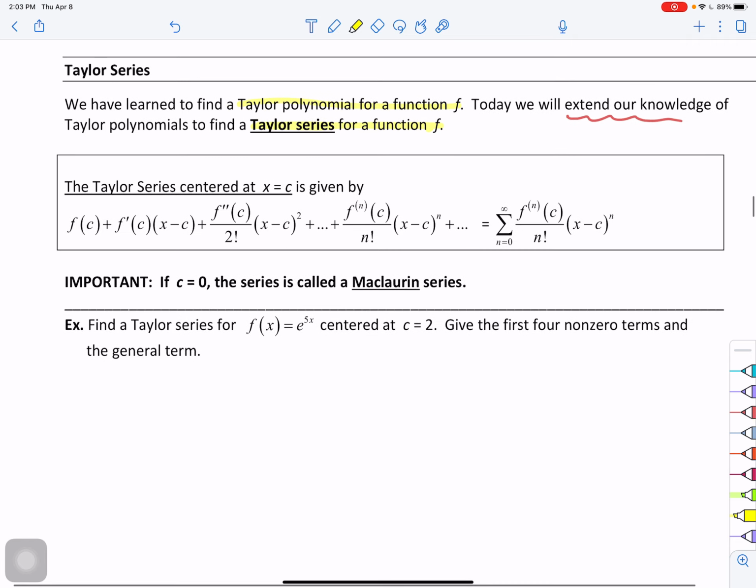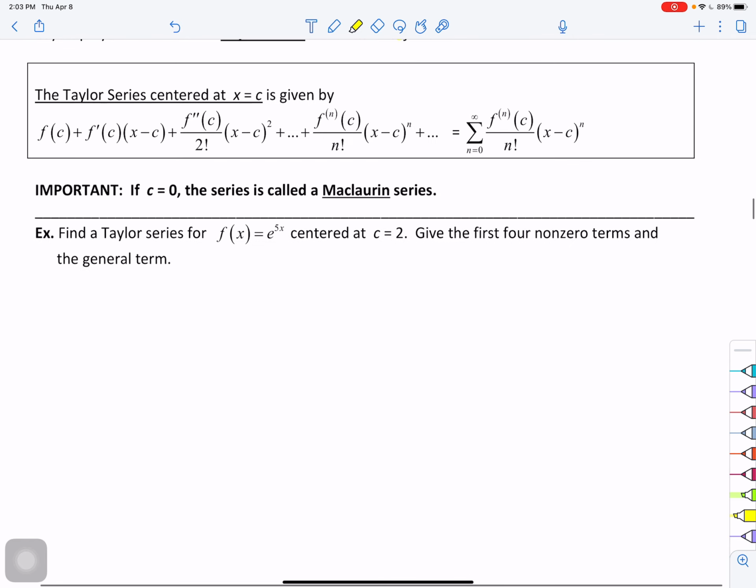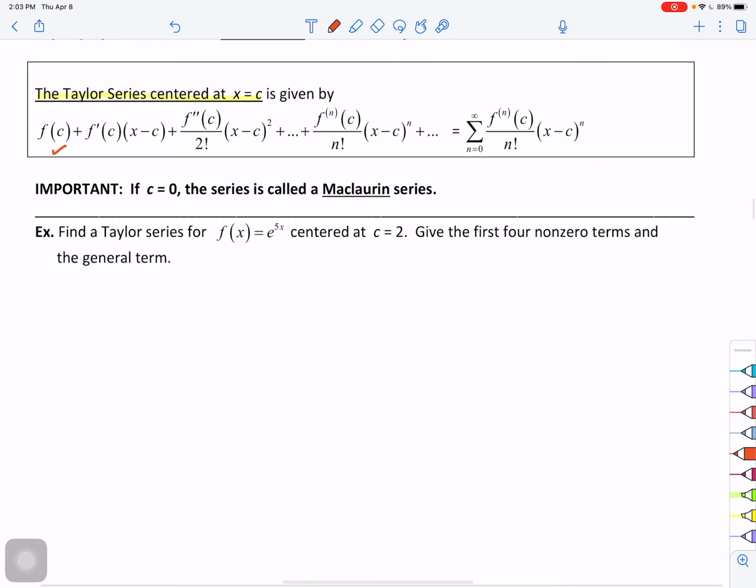So let's begin. The Taylor series centered at x equal to c is given by, and all of this should look pretty familiar, f of c, f prime of c, multiplied by x minus c to the first power, all divided by 1 factorial, and so forth. And you can see the nth term right here, and that's what's included in this series.